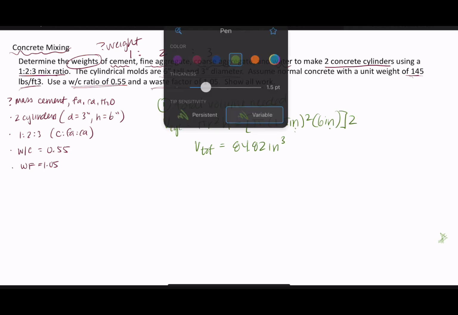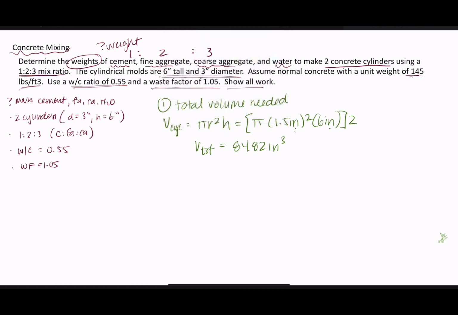Step two, now we're going to wrap in that waste factor. My waste factor is 1.05, which basically means that I need to budget an extra 5%. Can you think about some of the ways that we can do that? One of the easiest ways would be to take 84.82 inches cubed, which is the exact volume that we need, and multiply it by 1.05.